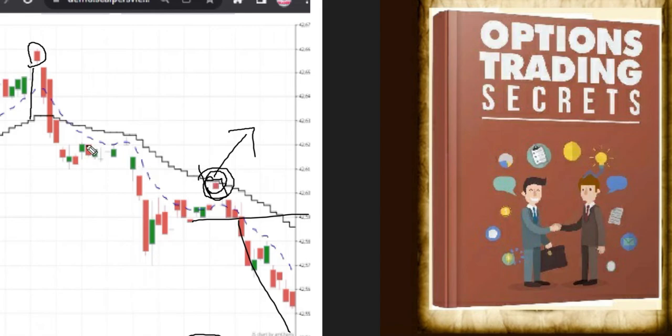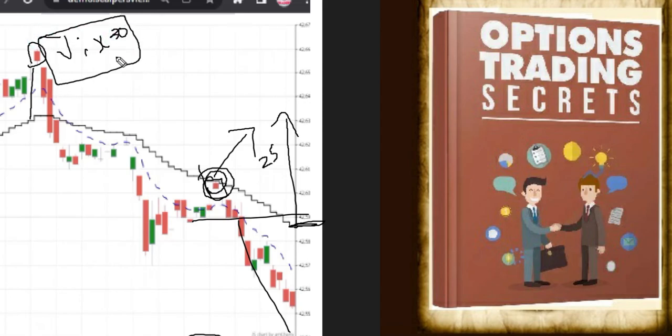One thing I want to share with everybody: whenever there is a huge trend, just note this point. From this staircase, for example, from this to this, 25 points always. Once India VIX is greater than 30, then some changes are there. Unless it is crossing 30, the formula is very simple.